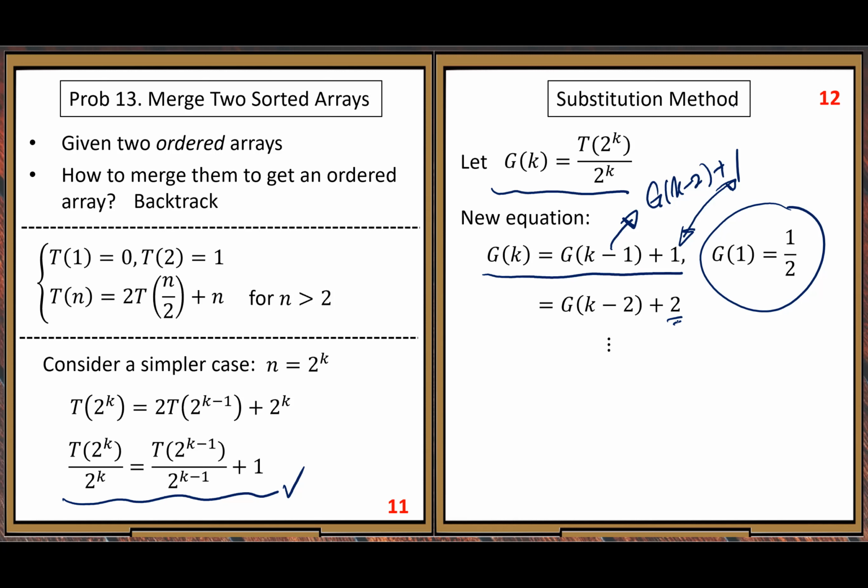And what is the last one? Think about it. Can you keep track of the last equation? Because with this dot dot dot, we may get lost, right? If we use this dot dot dot, how do we keep track of the right version of this equation?